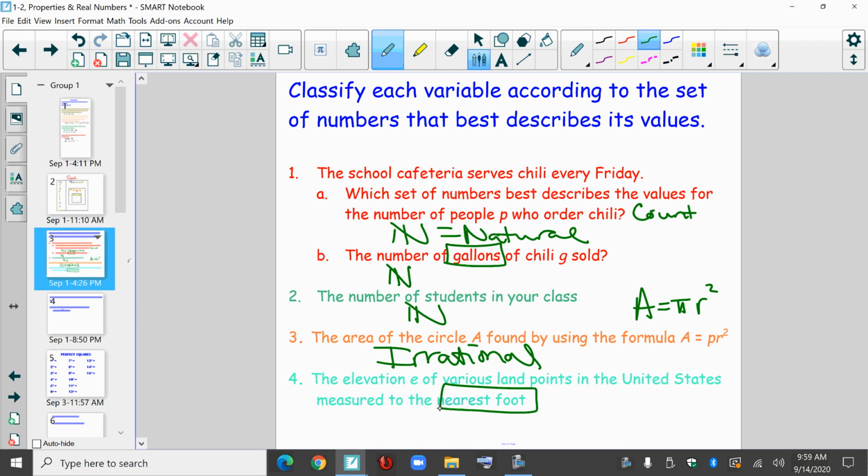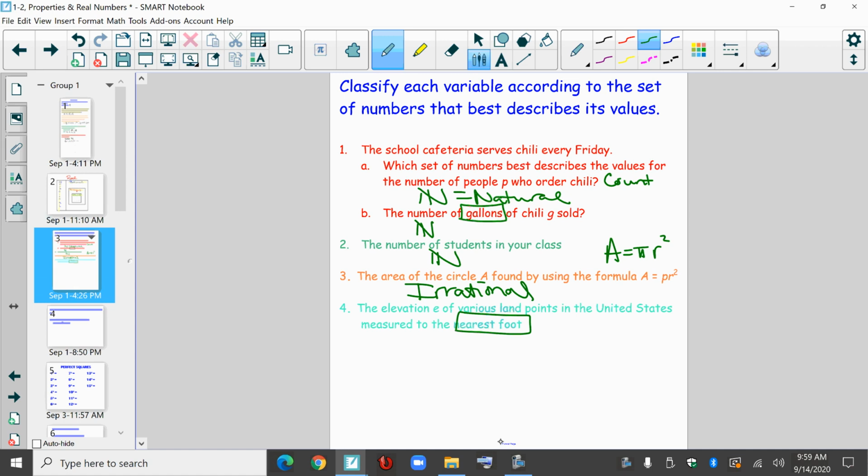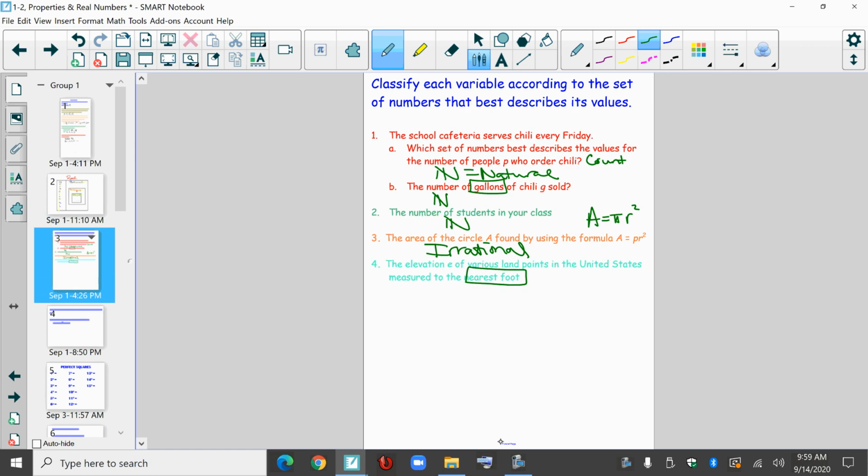But it's elevation. Elevation can be very high up or it can be very low, meaning below sea level. So if it's above sea level and below sea level, this means we're going to be talking about our integers because it can be a whole number, but it can be both positive or negative, which is why you're using the integers.